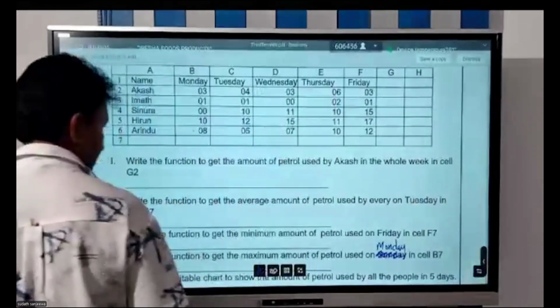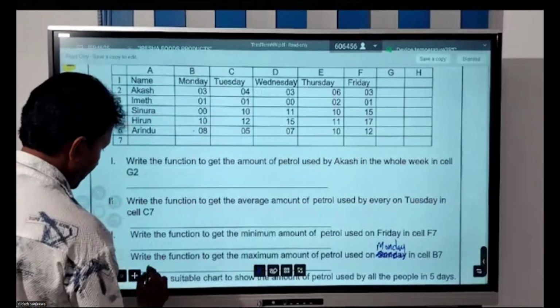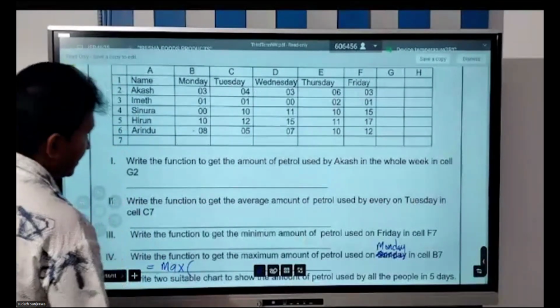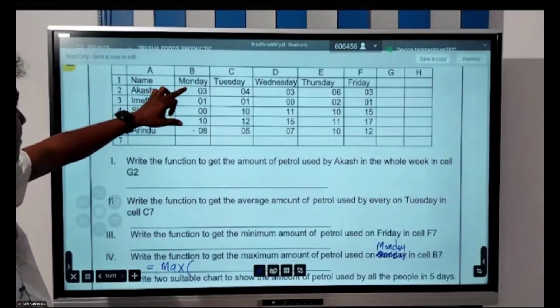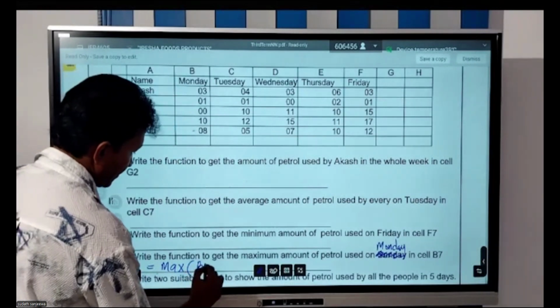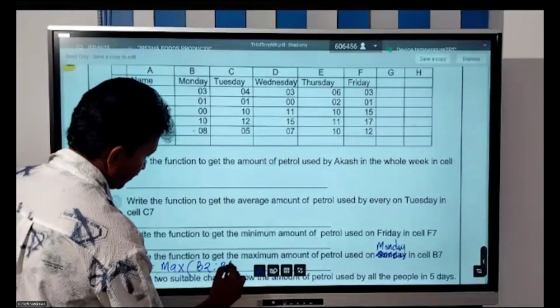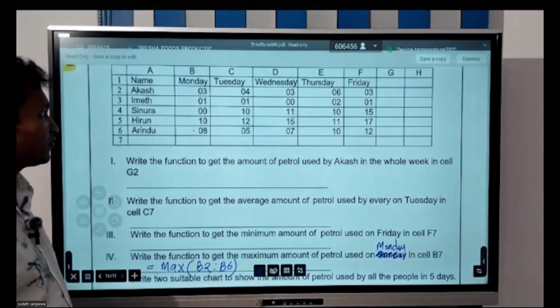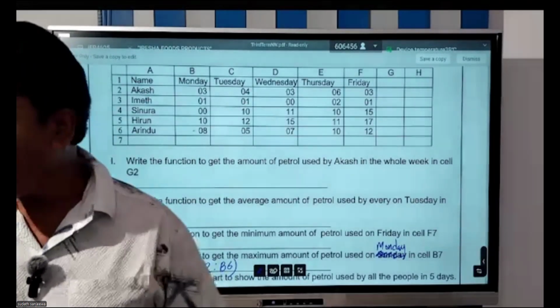What is the function? Equal, the function is max. Then we have to select the range B2 to B6. That is how we get the maximum amount of petrol used on Monday.